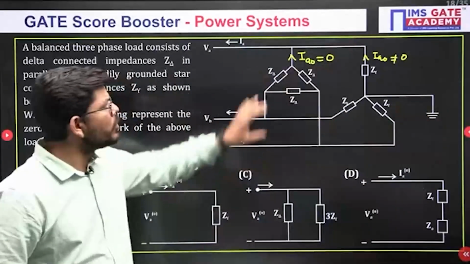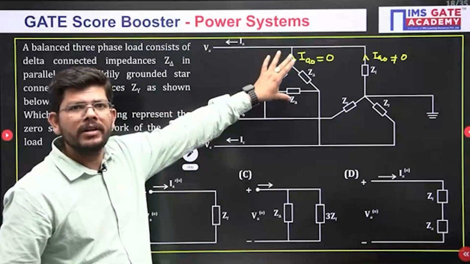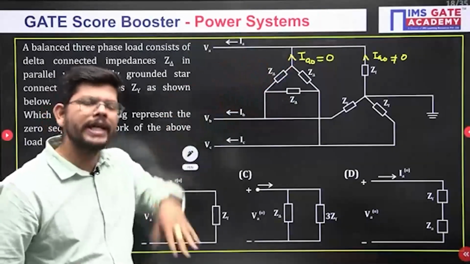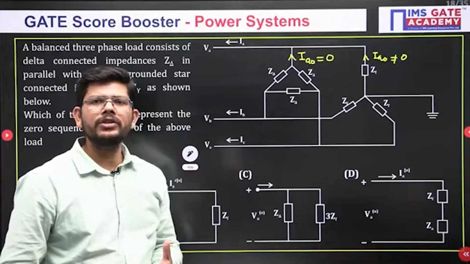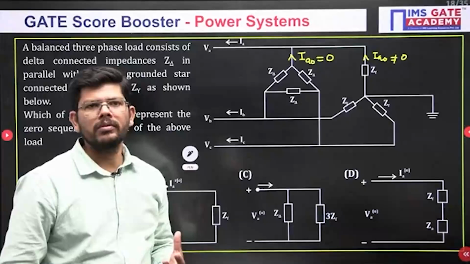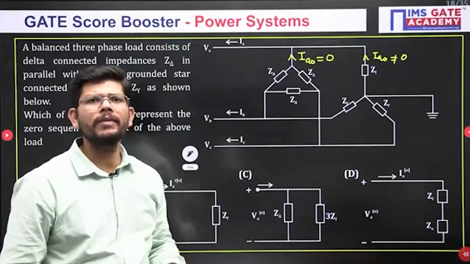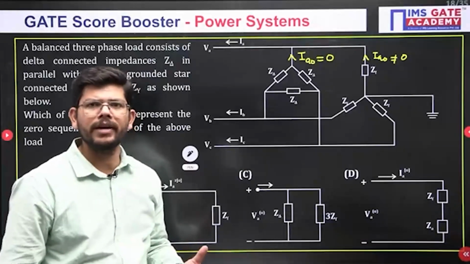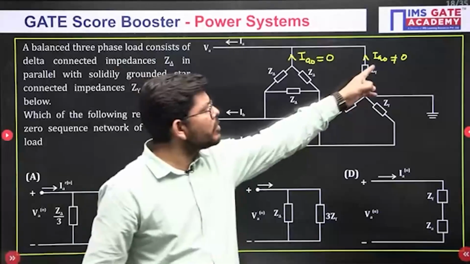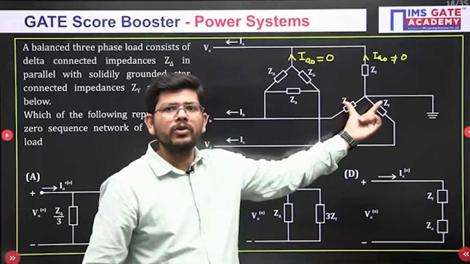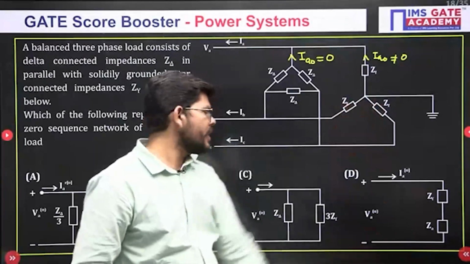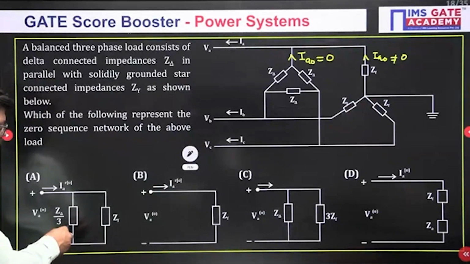If there is no zero sequence current in the delta network, will it be shown in the equivalent zero sequence network? No. It will be like an open circuit, or if you do not show it, that is perfectly fine. There is zero sequence current flowing in the star network, so we have to show it. In this option, they have shown the zero sequence network of delta, which is wrong.